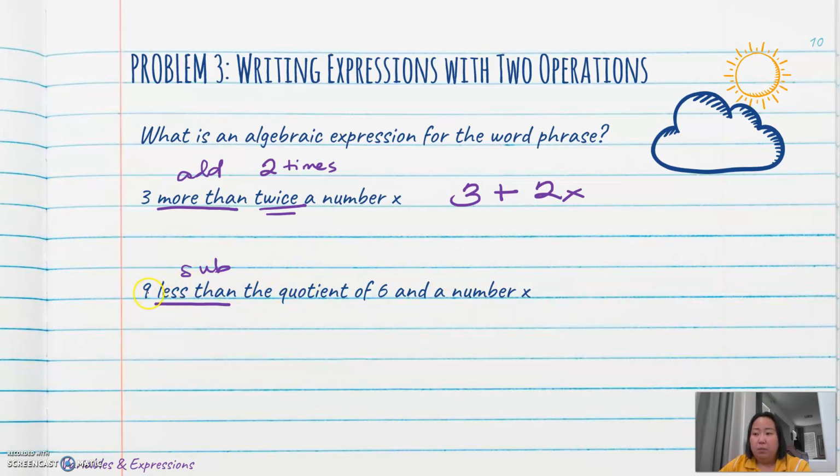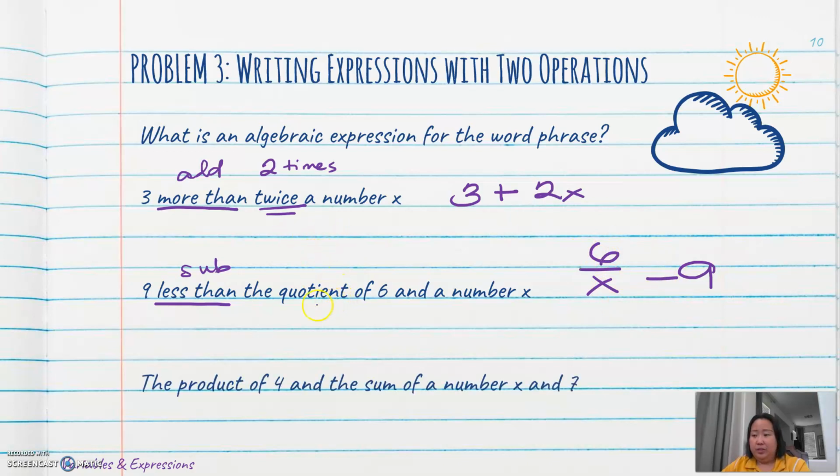Because there's a 9 less than, we already have something like a minus 9. So what are we subtracting 9 from? It's going to be the quotient of 6 and a number x. So quotient involves division, and that will be 6 divided by x. So the algebraic expression is 6 over x minus 9.